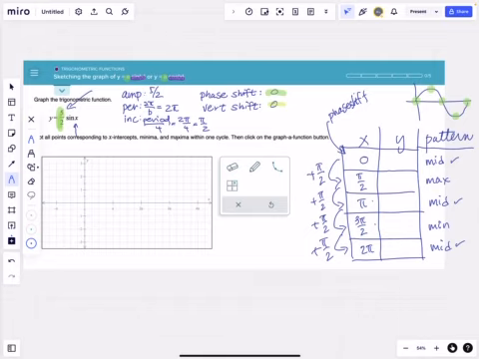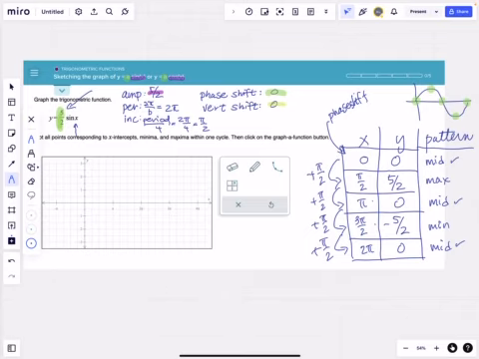All right, so all of these will be zeros. And then to get your maximum, you're going to add the amplitude. So 0 plus our amplitude. What's our amplitude again? 5 halves. So we're going to add 5 halves there. And to get our minimum, we're going to subtract 5 halves. So now I have 5 points. These are known as our 5 quarter points.